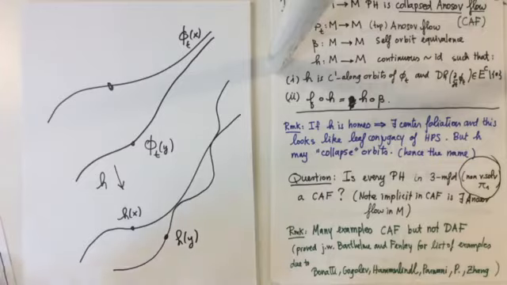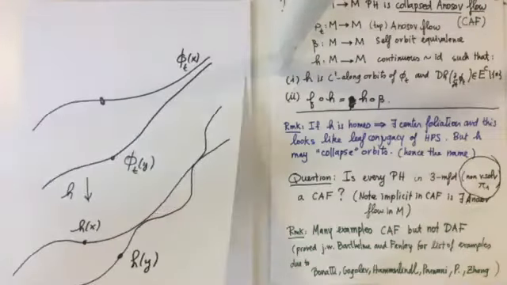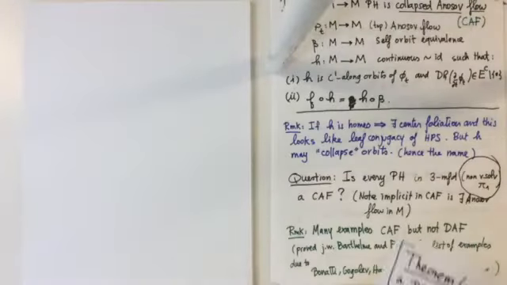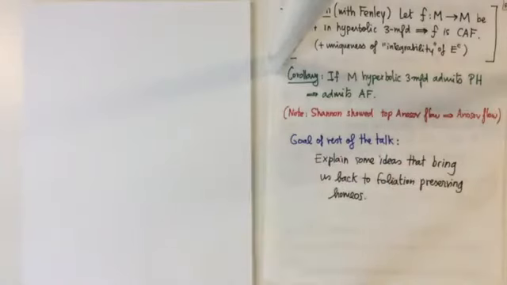And so I want to announce one result in this direction, where the starting point for the result is the proposition I started with. This result says that this is actually true in hyperbolic 3-manifolds.